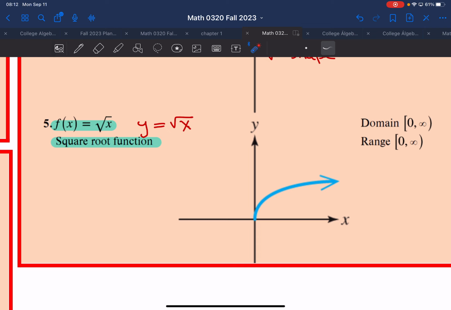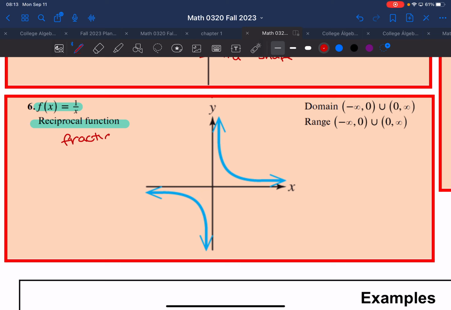And then the last function here is the reciprocal function. The reciprocal function is represented by f of x is equal to 1 over x. So reciprocal function, just think fraction. Fraction that includes the variable. It could be written as y is equal to 1 over x.